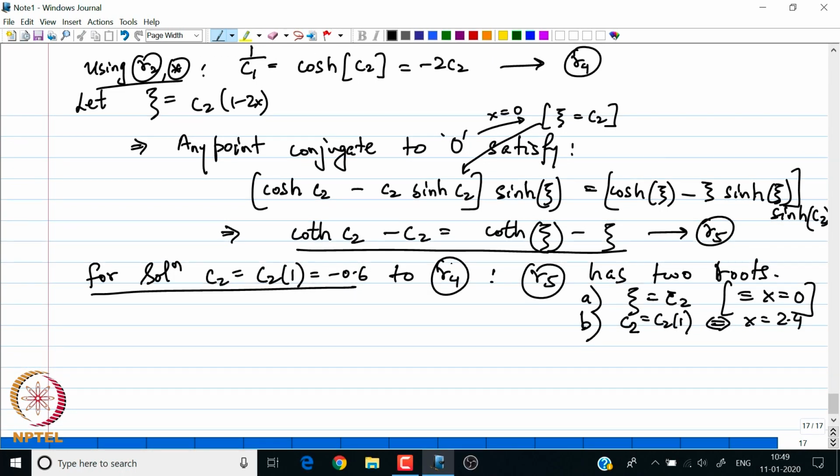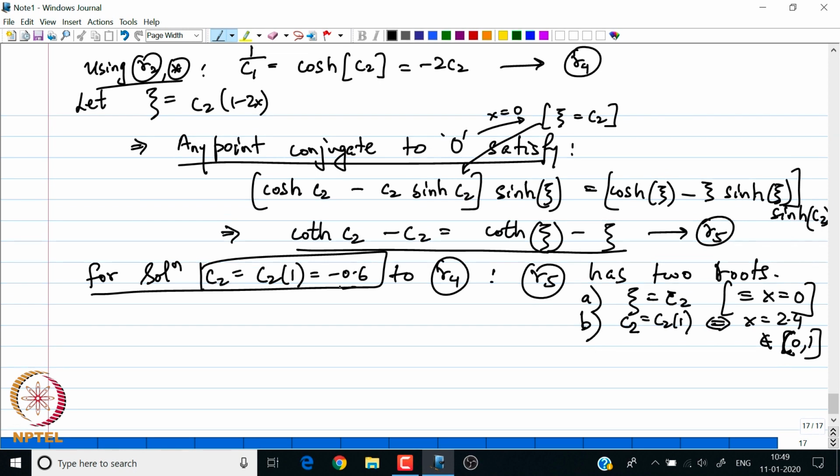So, the second root to this equation R5 is at x equal to 2.4, but the most important part is that this does not lie in the interval from 0 to 1, or what we see is that there are no non-trivial roots which are conjugate to point 0 for the first case, right.